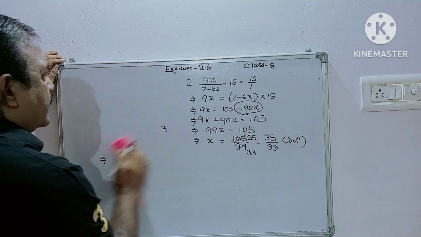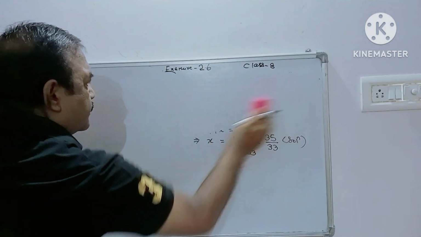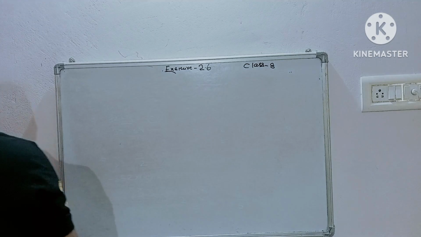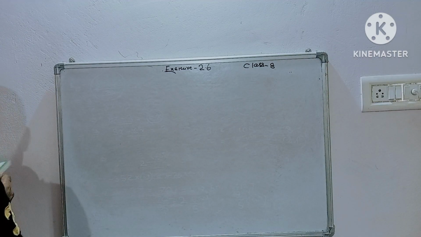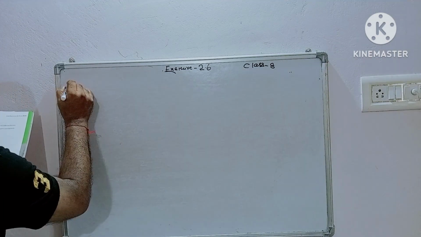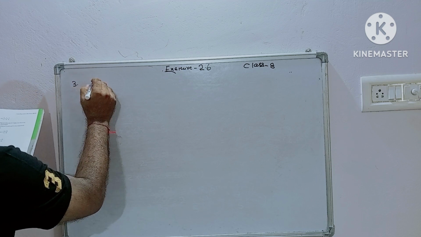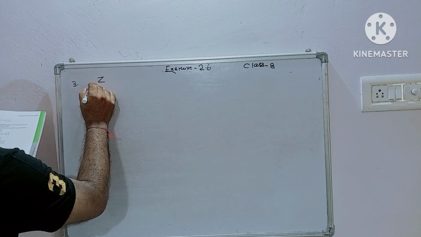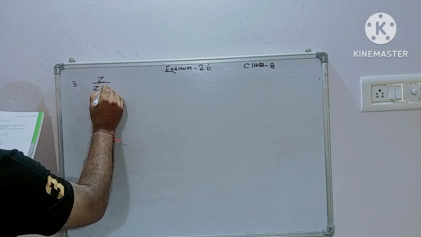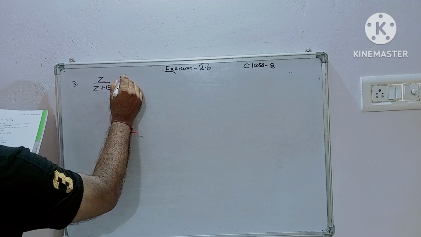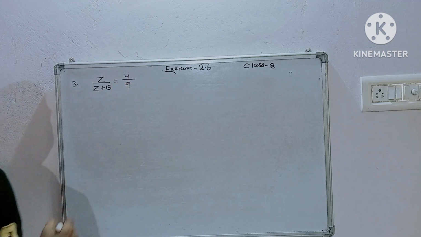Let us move to question number 3. z upon z plus 15 is equal to 4 upon 9.